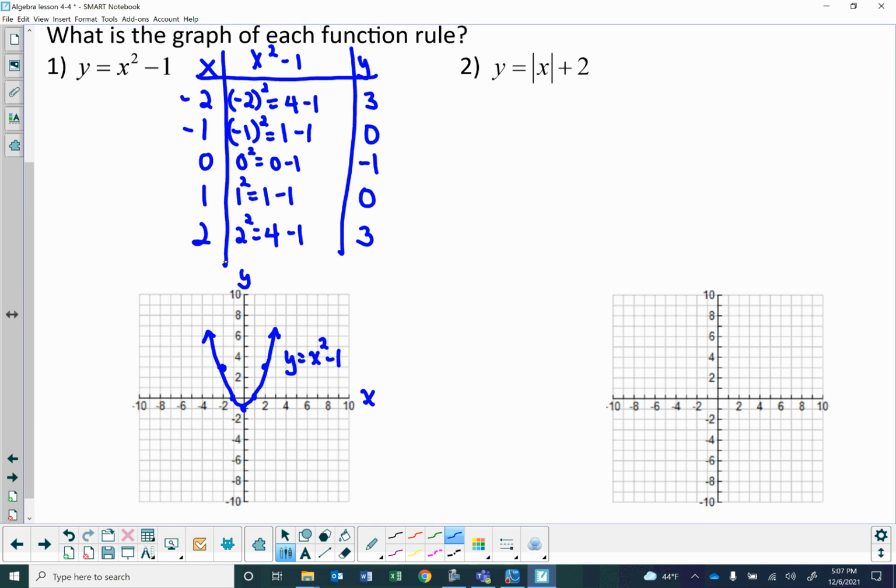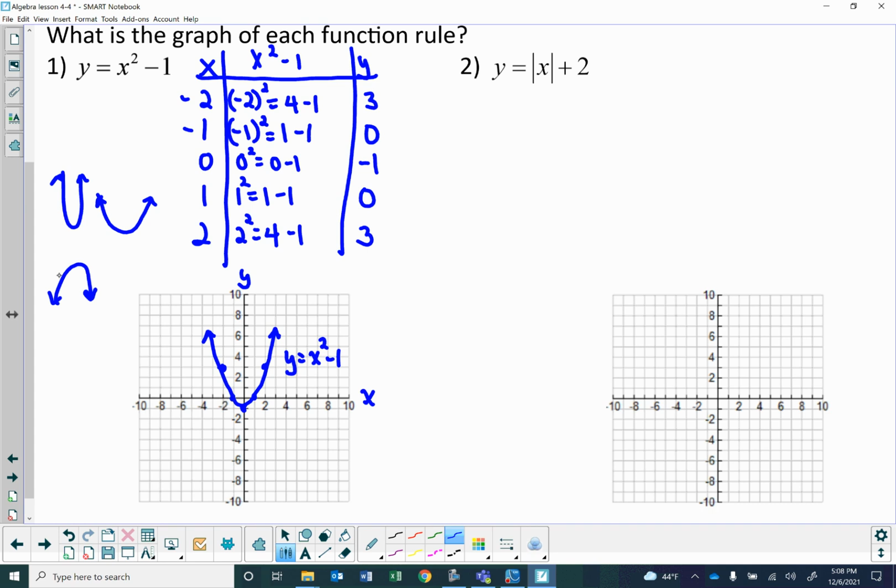All graphs to the power of 2 will be what we call parabolic graphs, or a parabola, and it will be a U or an upside down U. It may be a skinnier U, or a really wide U, or an upside down U. But all graphs that are taken to the second power, x squared, will be a U-shaped graph or an upside down U-shaped graph.